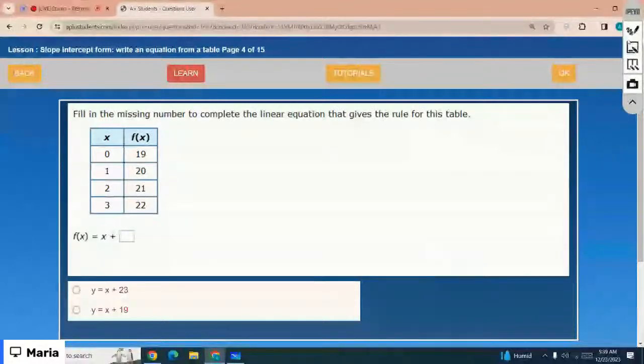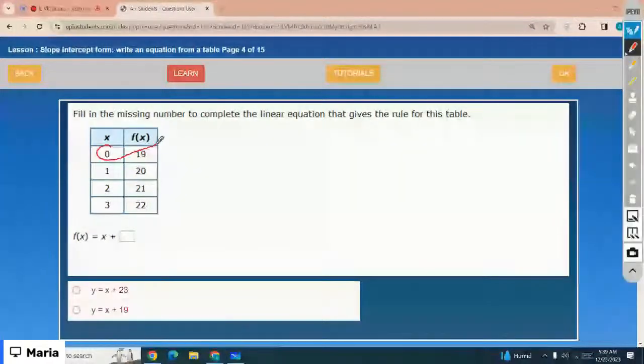The y-intercept is the point where x is 0, and that is the first point, where x is 0 and y is 19. That is where the graph is touching the y-axis. So the y-intercept is 19, and the equation is y equals x plus 19. So the second option is the correct one. Got it?